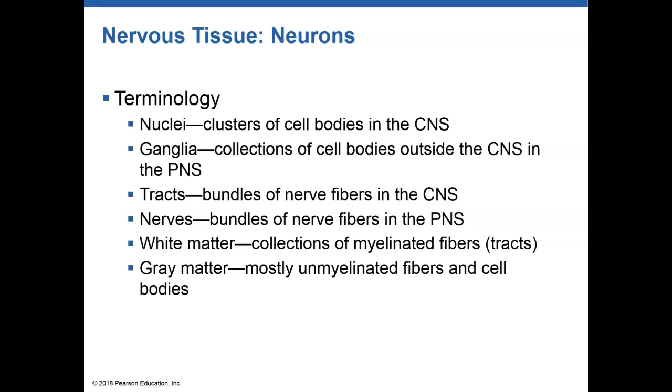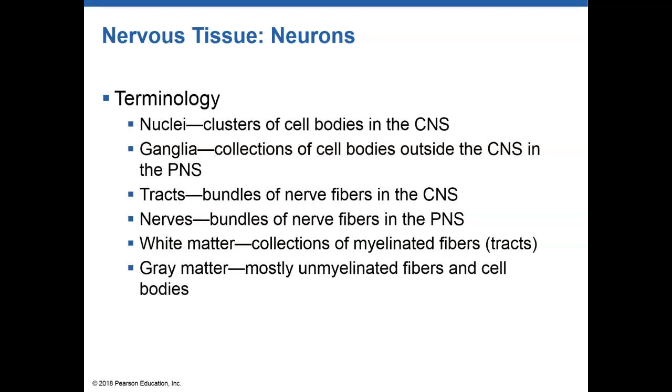And then in a cell itself, there is a nucleus that contains the DNA and most of the time nucleoli. And now we're using the word nucleus again in the CNS.